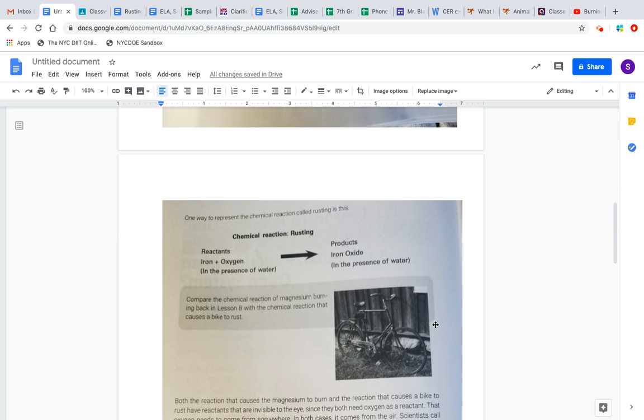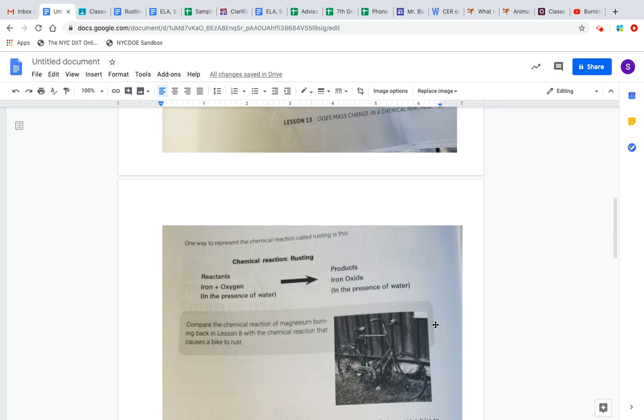Let's see what that looks like. So they're showing you what the chemical model looks like in written form. One way to represent the chemical reaction called rusting is this. So this is what it looks like in written form. On the left side of the screen, you see it says reactants. What are the reactants? It's iron and oxygen, the oxygen in the presence of water. Where are we getting that oxygen from? Hopefully, you guys are saying the air we breathe.